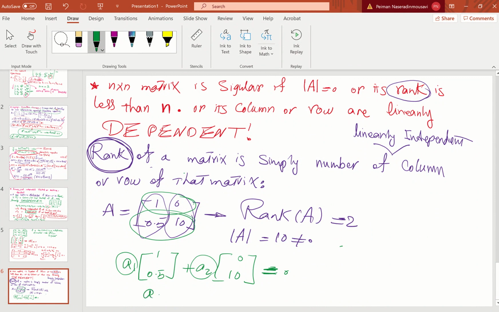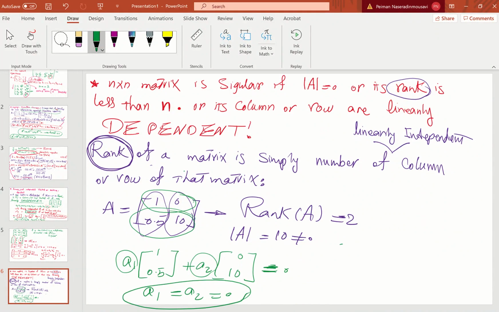You have to say A1 is equal to A2 is equal to 0. That's the only thing that you can have. That's right. Understand? So this is the rank of A.